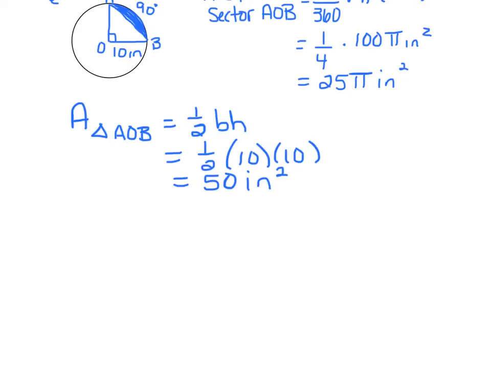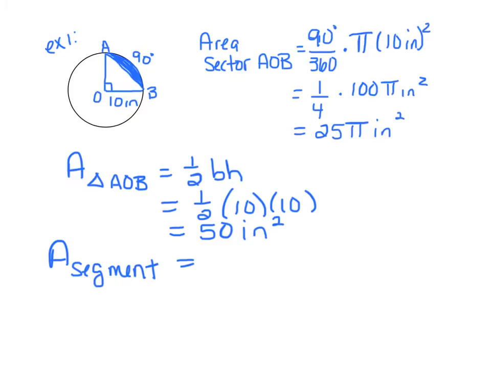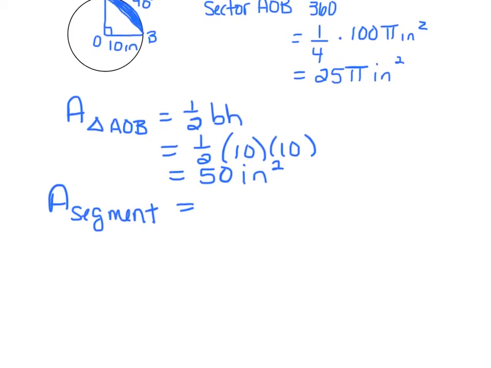And now the area of the segment is going to be the area of the entire sector, because remember, it's the big portion. So 25 pi minus 50 inches squared.